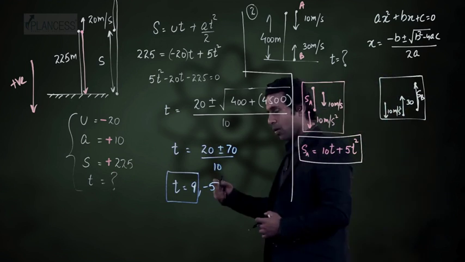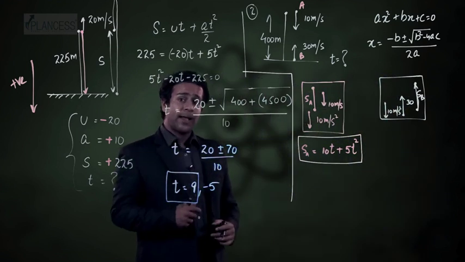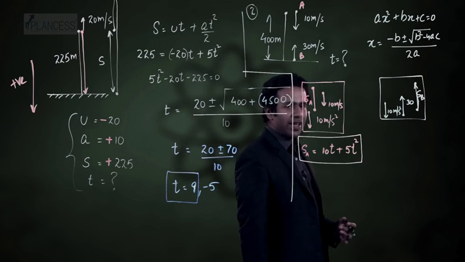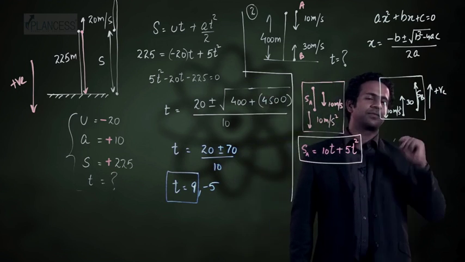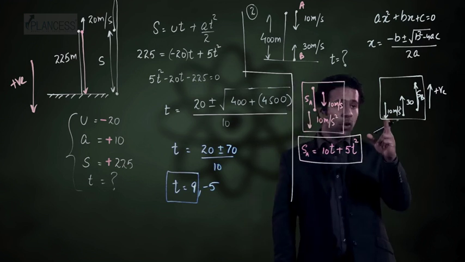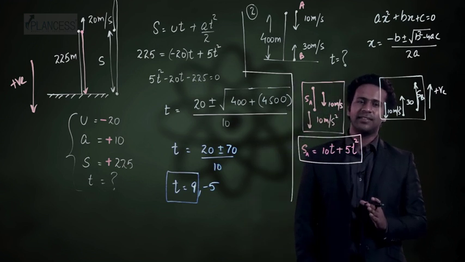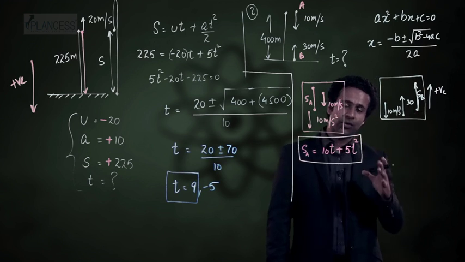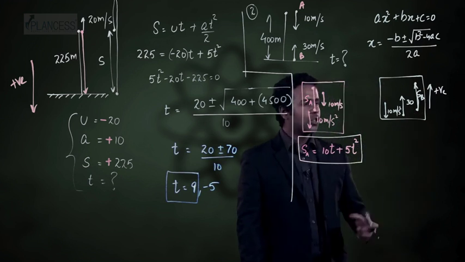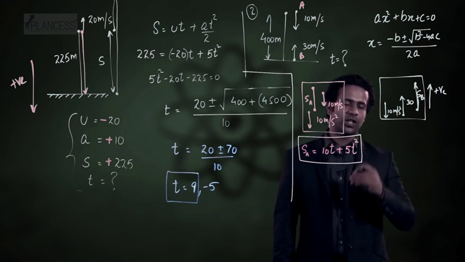Okay. So now, for this case, since we have two variables upwards, let's take the upward direction as positive. So if we do that, notice that the acceleration is negative, but the initial velocity and the displacement are both positive. Right. So we will write the second equation for this ball.